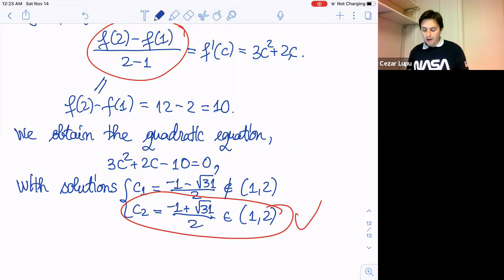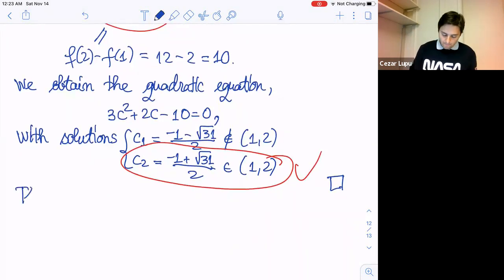And that's the end of the story. So we found this. You see how useful the mean value theorem is? You can find some C that satisfy the mean value theorem for some functions. Anyway, now let me mention 2 more theorems.